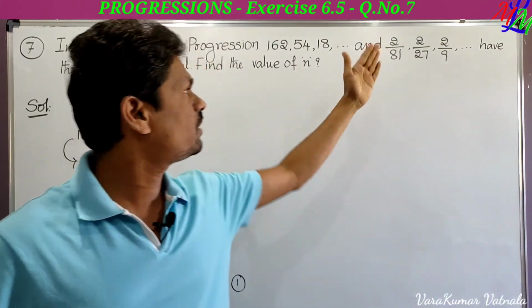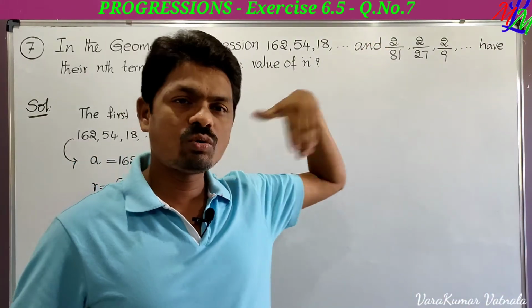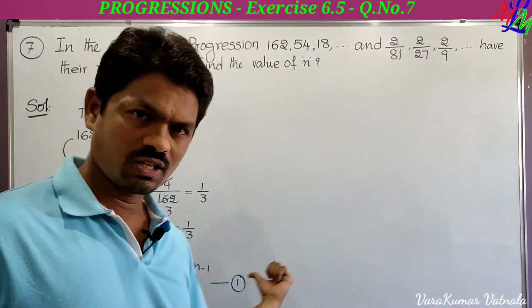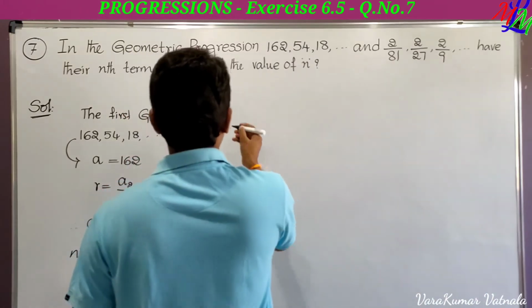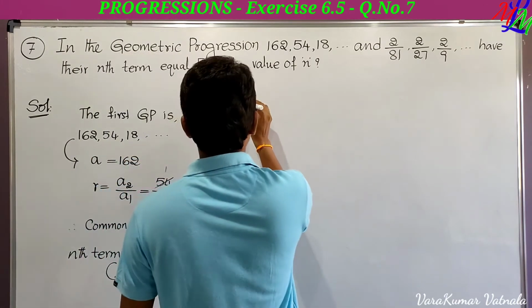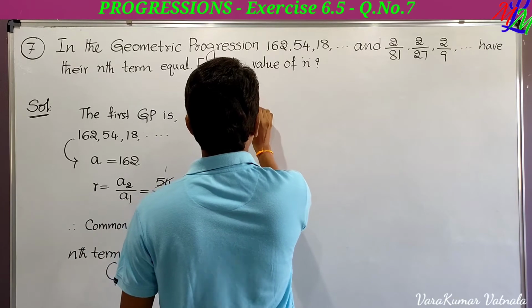Again he has given one more, the second one. So again we have to find the nth term of the second geometric progression in the same way. See here, how can we find it?